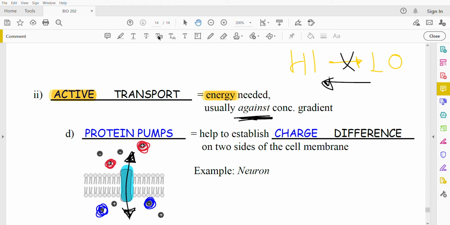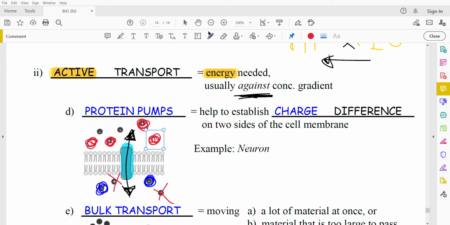Now we keep moving all of the positively charged molecules, so all of the pluses keep moving to one side, so we can delete them from here. And all of the minuses keep moving to the other side, so we can delete them from this side. And it's thanks to this protein, it moves them in this direction.